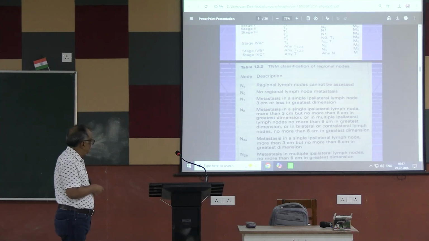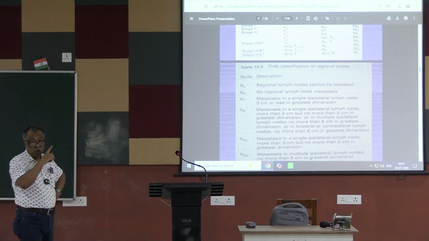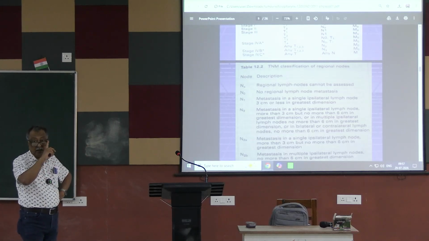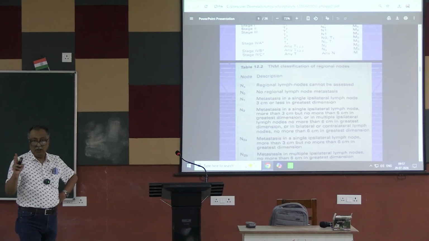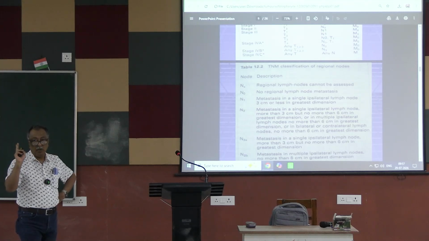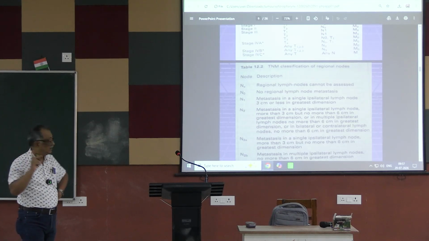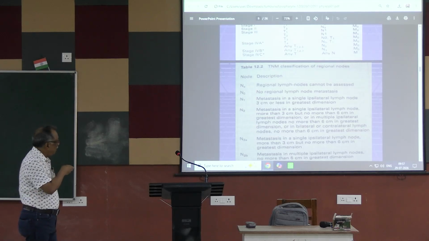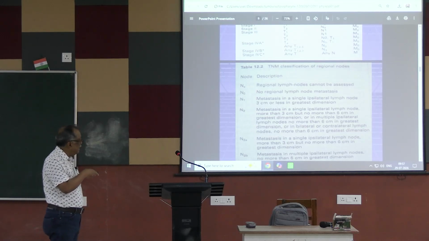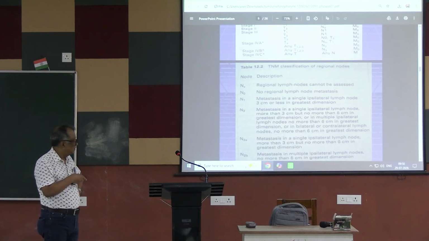That is again the node. Here, in case of the tumor, it is 2 centimeter to 4 centimeter. When you go for any TNM classification, you should remember that in case of the tumor, the dimension is 2 to 4, but in case of the node, it is 3 to 6. N1, metastasis in a single ipsilateral lymph node, is 3 centimeter or less.